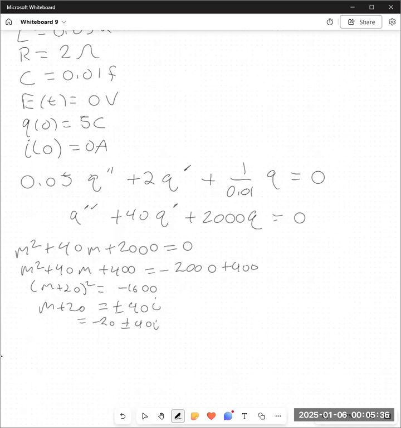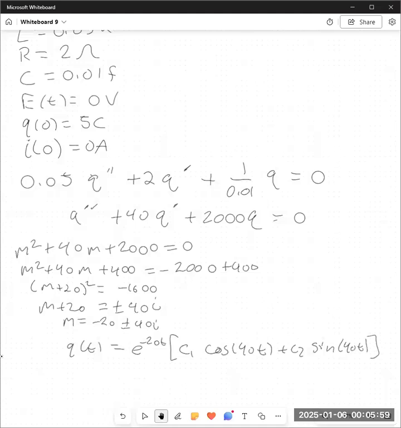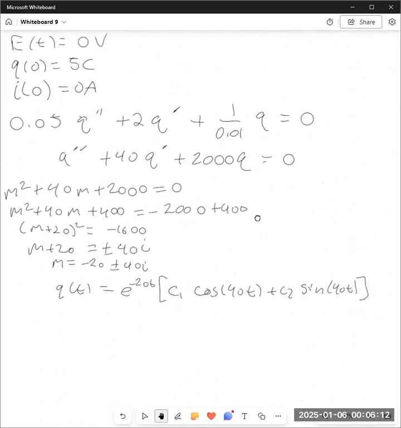So Q of t is equal to e to the negative 20t times C1 cosine of 40t plus C2 sine of 40t, like that. And then we're going to find Q prime, which is the same thing as i.